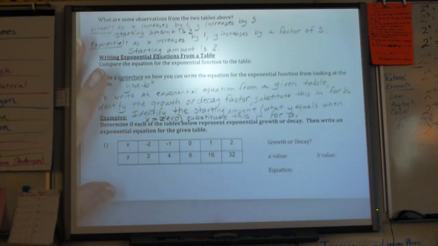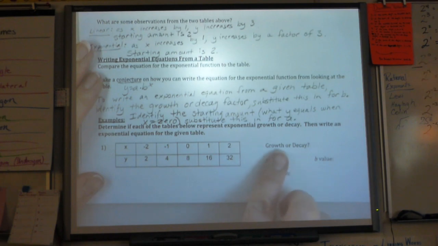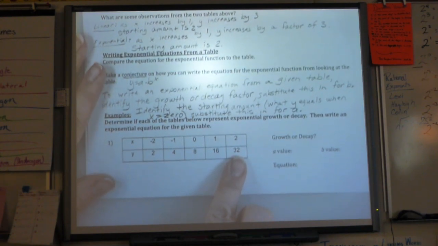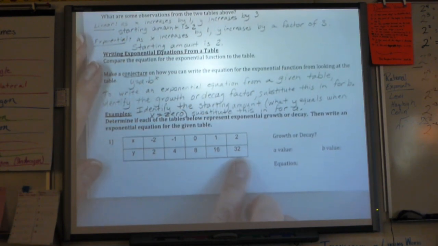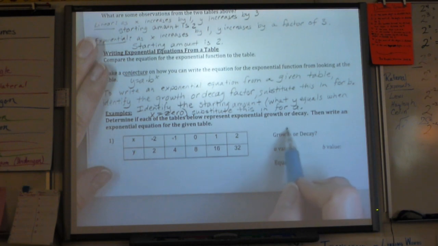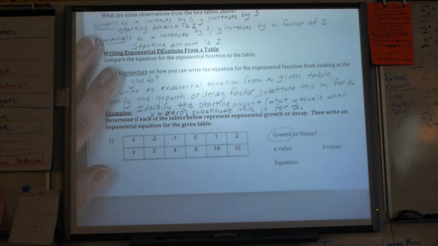So growth or decay. First of all, we need to decide, as x increases, what's happening to y? It's increasing, and even more specifically it's being multiplied by 2. So as x increases, y increases. At the most basic level, we can see that that is growth.